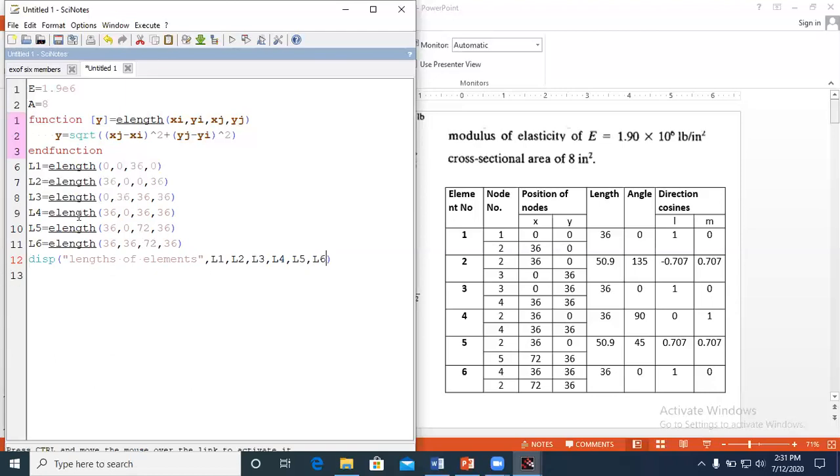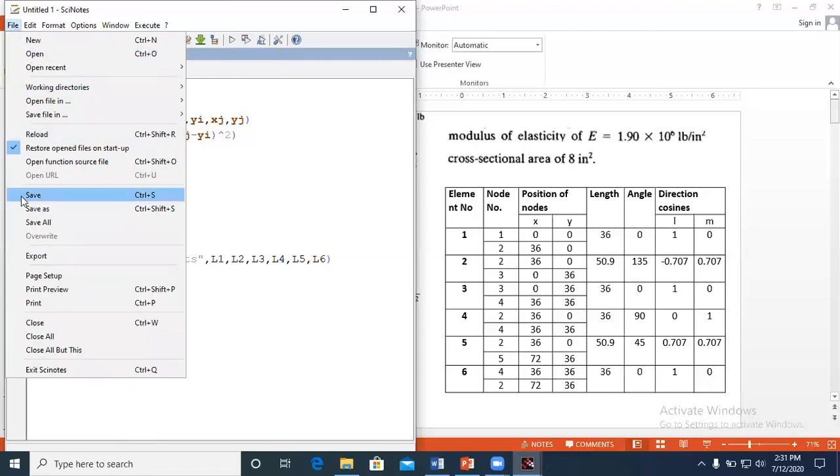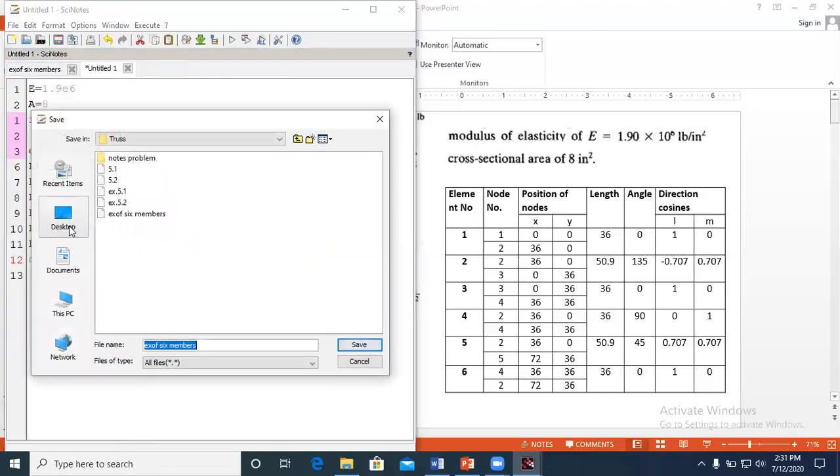Now we check again. Okay, I think it is correct. Now save it.